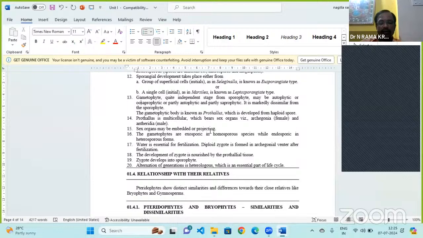The mature antheridium has a spherical structure with a sterile jacket enclosing a group of androcytes, the male reproductive cells. Each androcyte gives rise to a single motile antherozoid. So this is the structure of an antheridium.